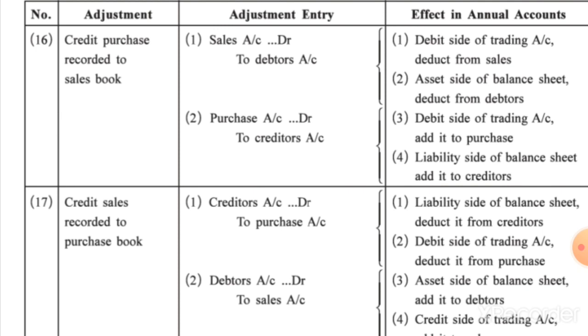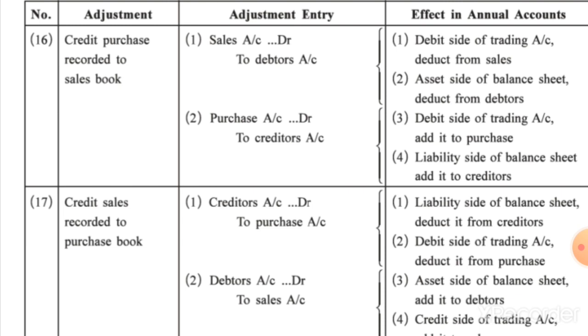Actually it was purchase transaction, but by mistake it is recorded in sales book. Okay, so first entry, that would be for rectification of the entry, that is sales account debit to debtors account credit. So sales, that much amount would be reduced. So first effect, that would be debit side of trading account, you will subtract from sales, and the second effect on the asset side of balance sheet from debtors also you will subtract.